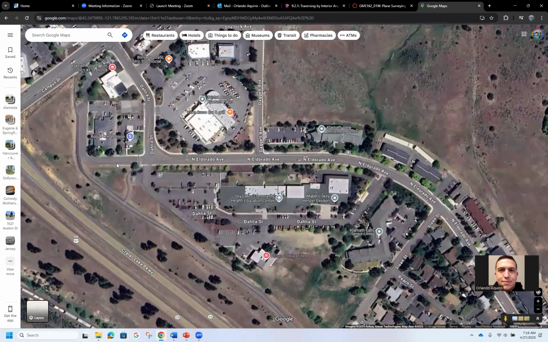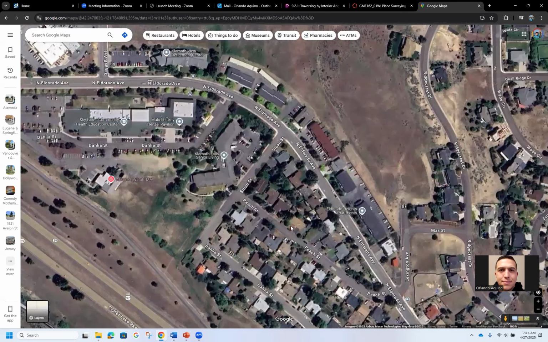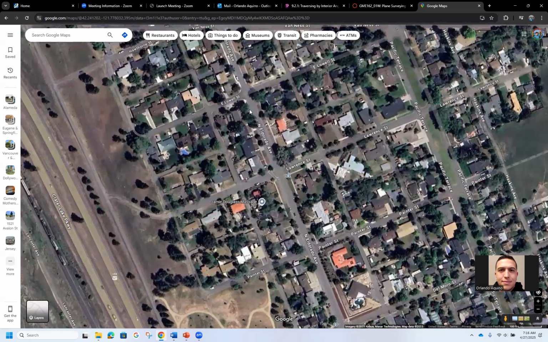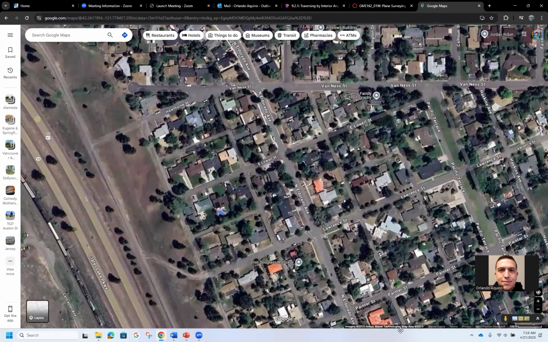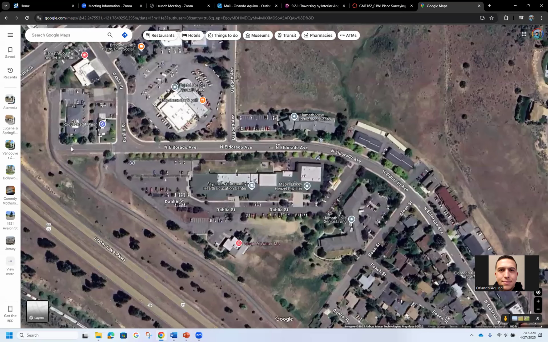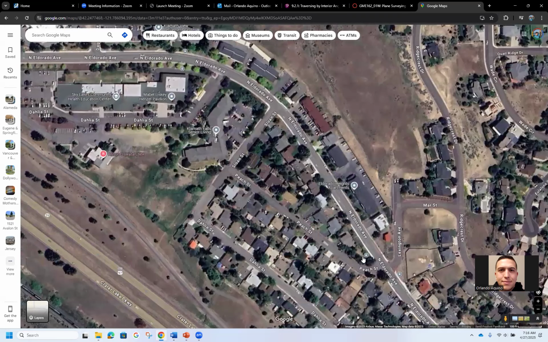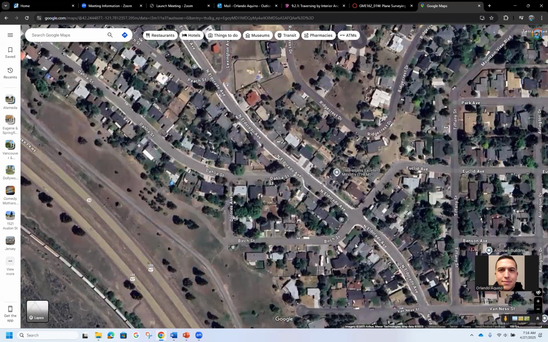So what I did is I established two control points down here with my GNSS. And then I came down here and established two more control points right here to close on, right? So before I started any topographic survey, I came here, set up my instrument, backsighted, and then set my control as I would run down this entire thing.